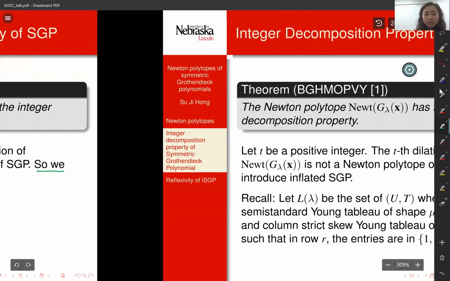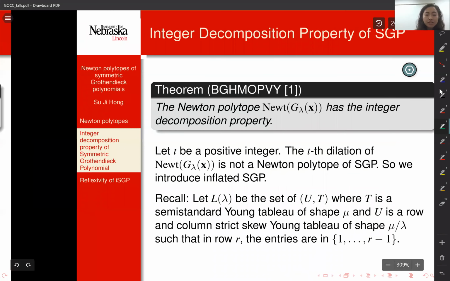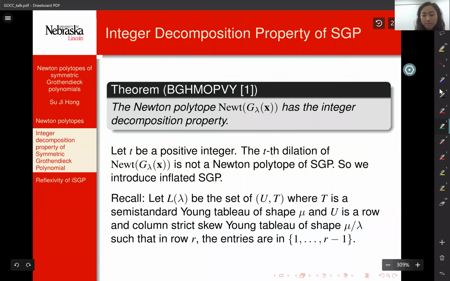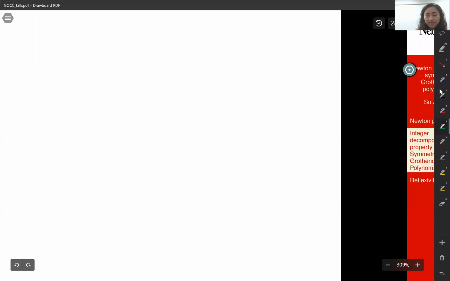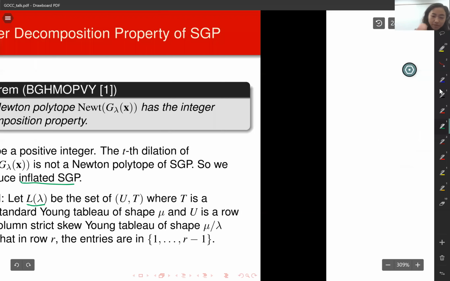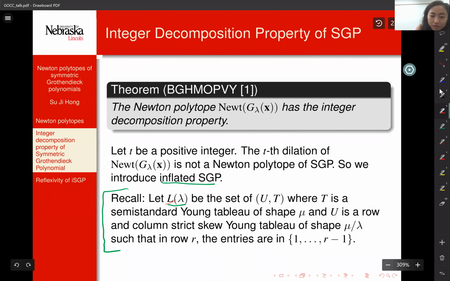So to define this, let's actually recall this L of lambda, and we're going to modify this. We're going to let H be a positive integer.